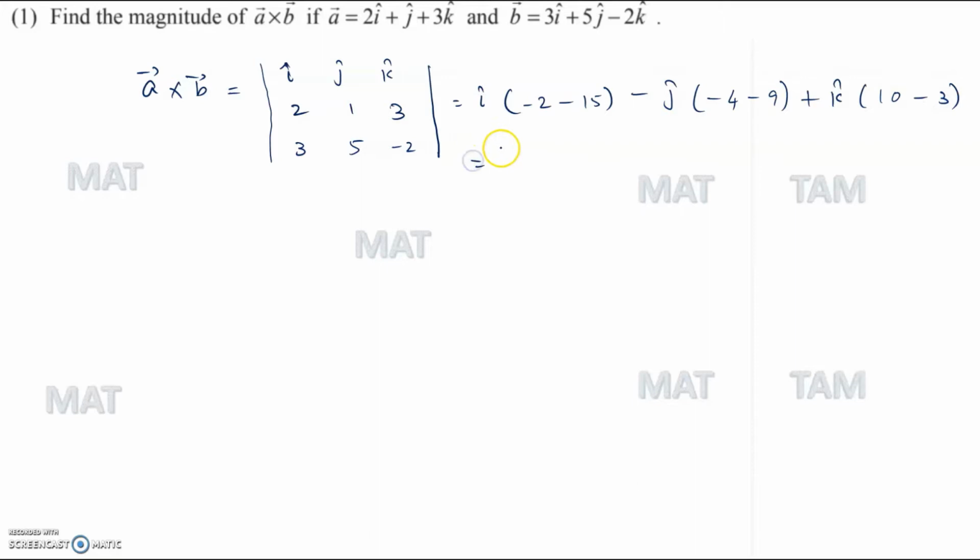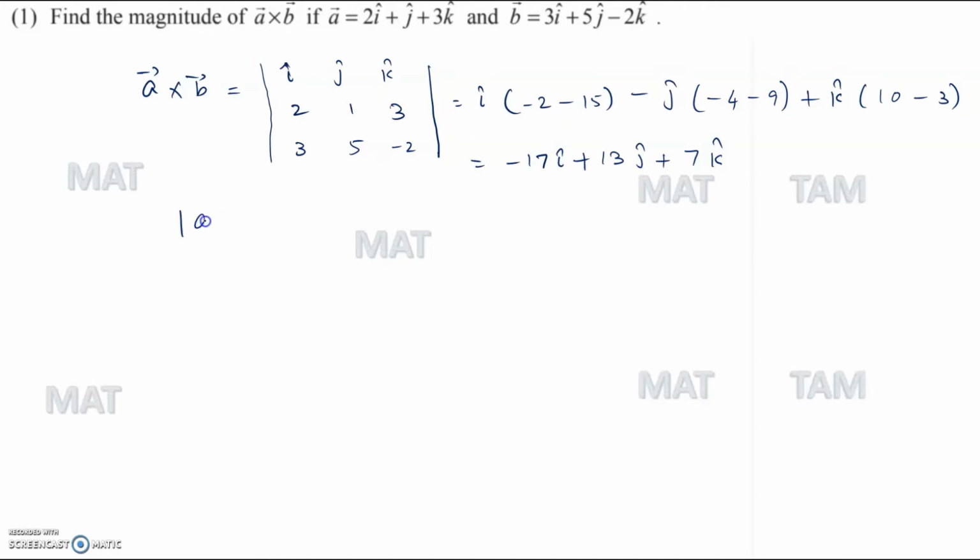So further solving this, you get minus 17 i cap, minus 13 j cap, sorry, it should be plus, minus into minus 13 will be plus, then it's plus 7 k cap.